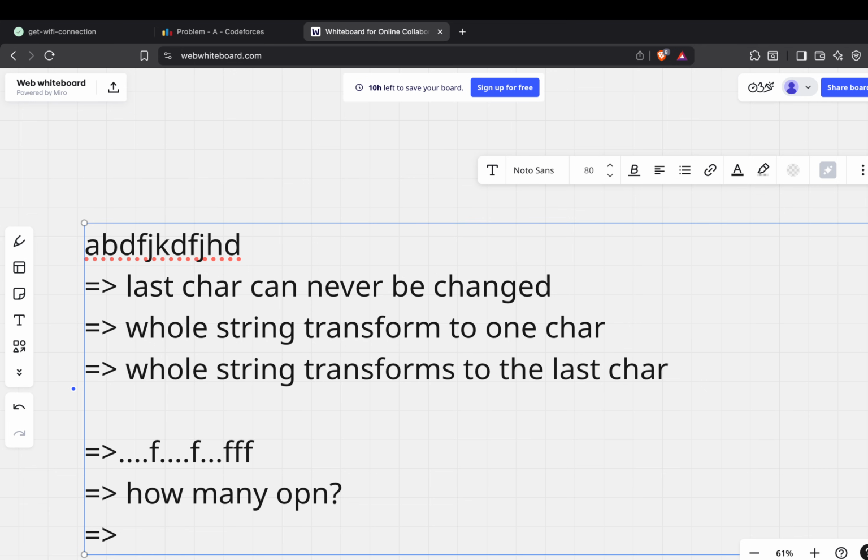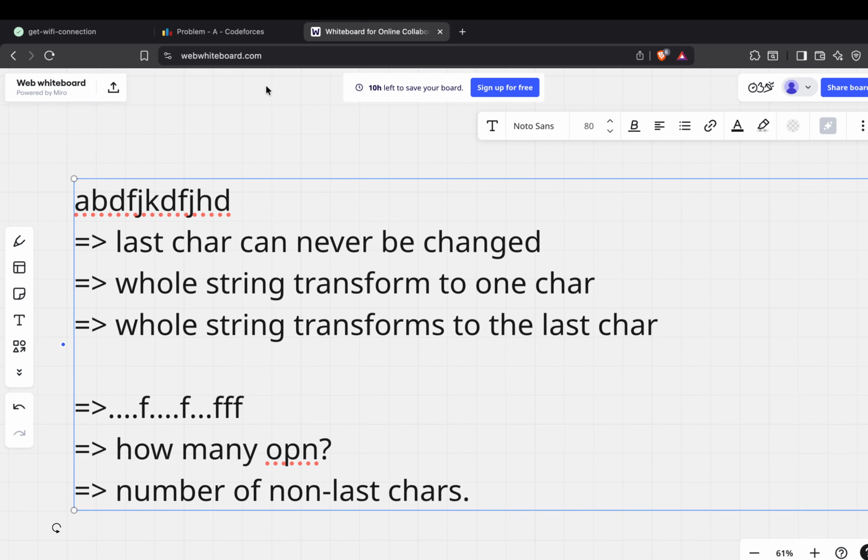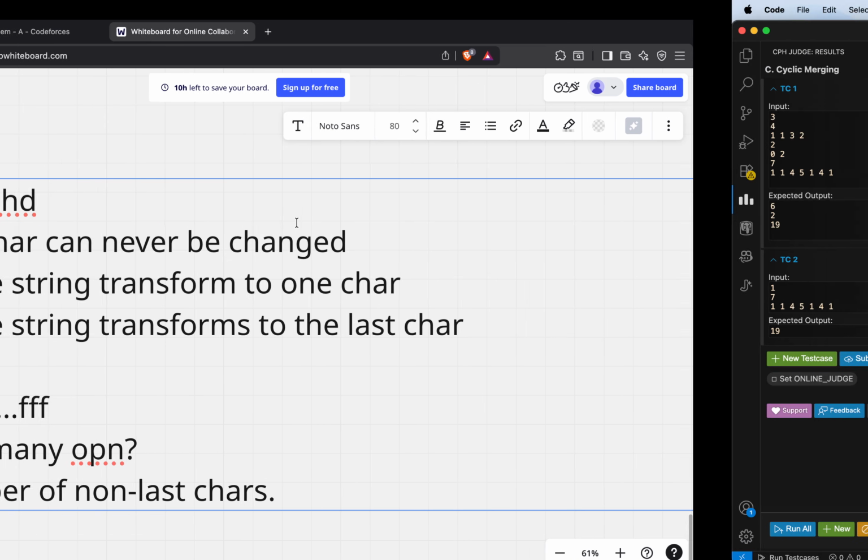It is equal to the number of non last characters. The characters which are not equal to the last character, on those we apply an operation. So that is our answer.